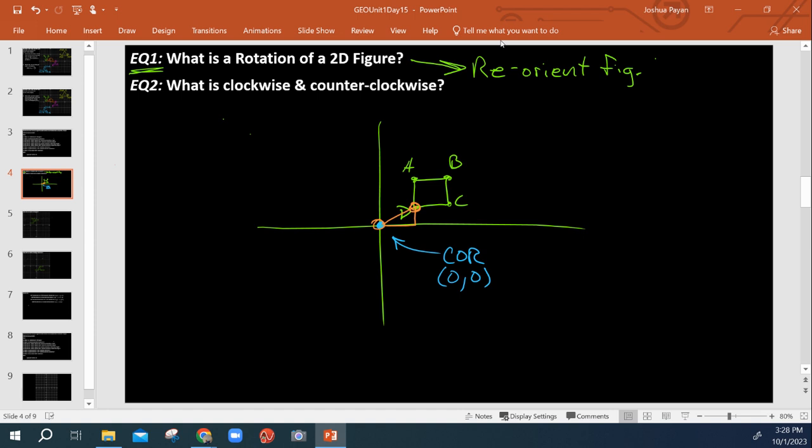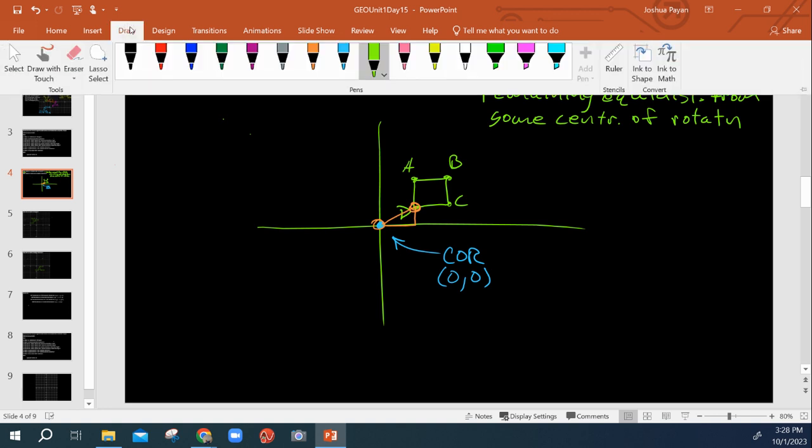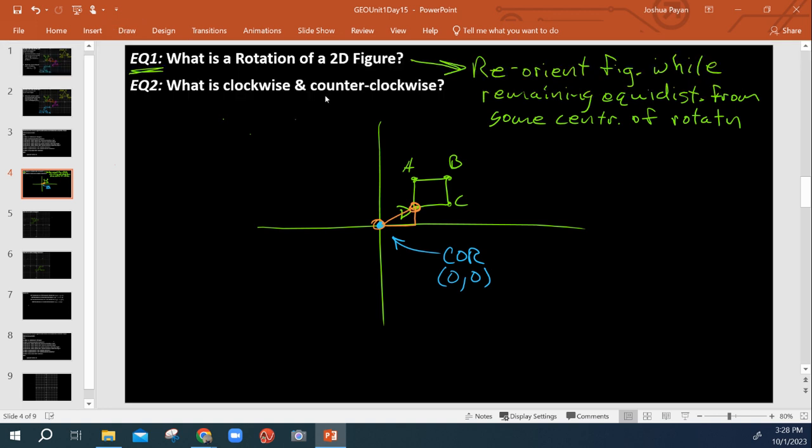We reorient a figure while remaining, we'll say, equidistant from some center of rotation. Okay, and that's exactly what I'm fixing to demonstrate here with my little crappy graphic that I'm drawing.